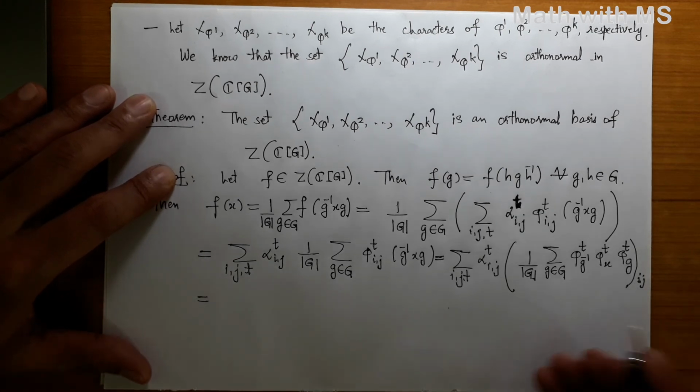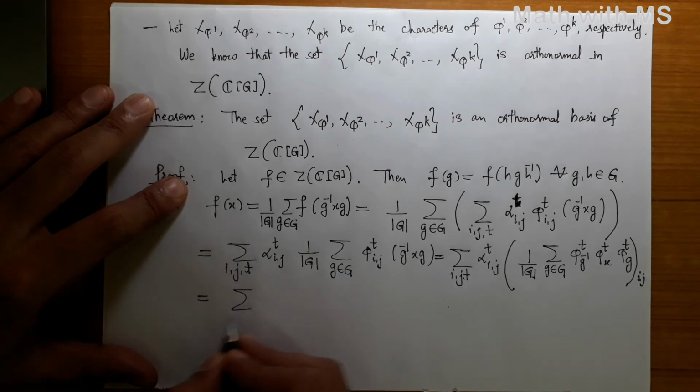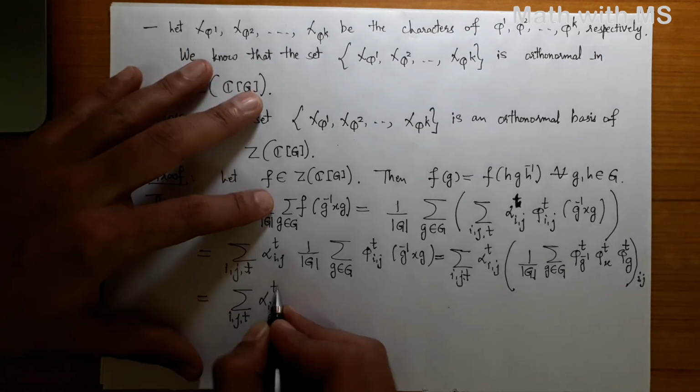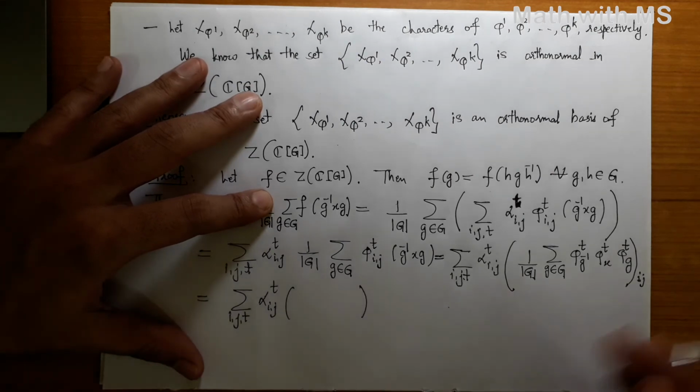Now we can further simplify this, summation over i, j, t and alpha_ijt, and now look at this.